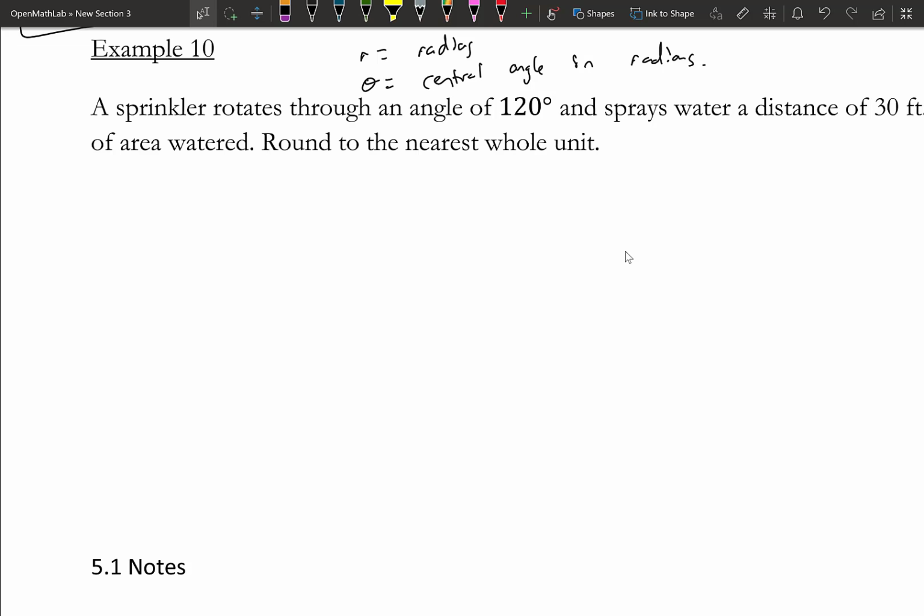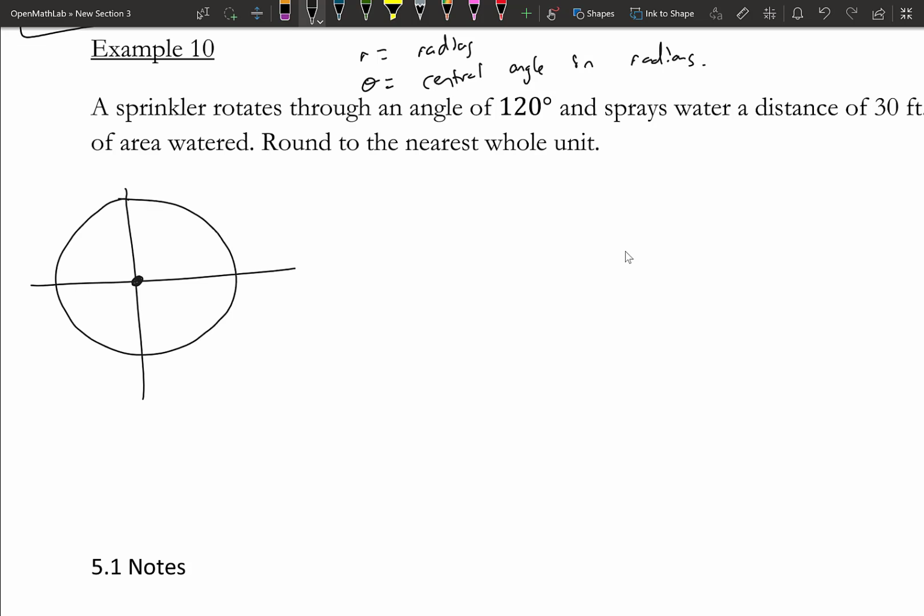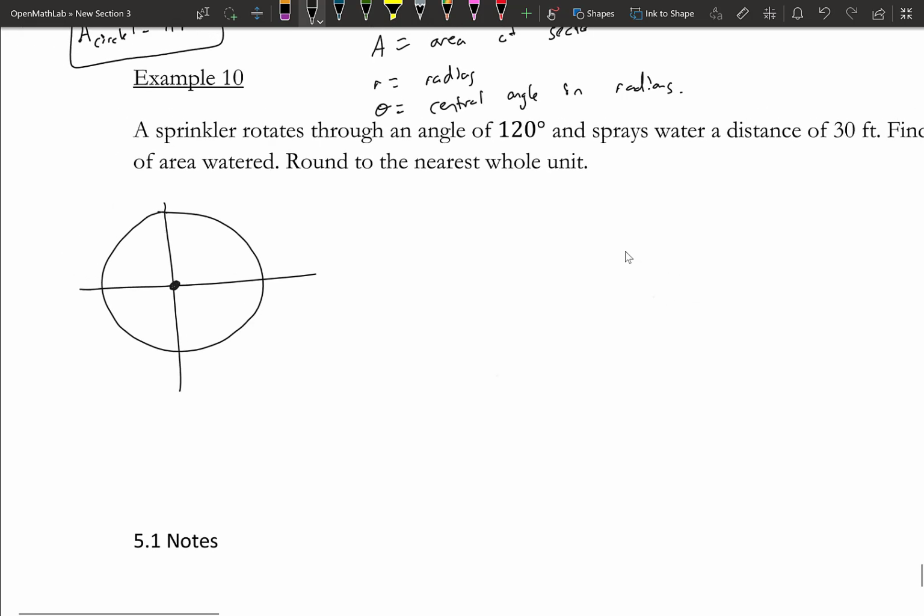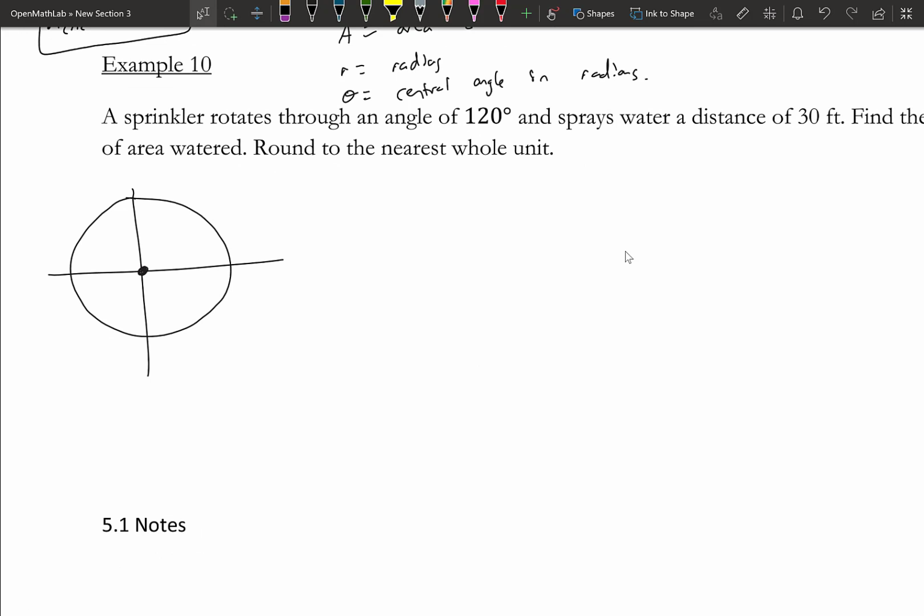So then example 10, we have that a sprinkler rotates through an angle of 120 degrees and sprays water a distance of 30 feet. Find the amount of area watered, rounded to the nearest whole unit. So essentially, if you want to draw a picture of what's going on, we have this sprinkler here. It's going through an angle of 120 degrees, rotating, and the water is going a distance of 30 feet.